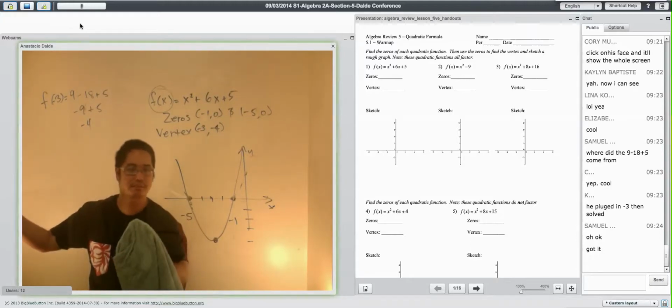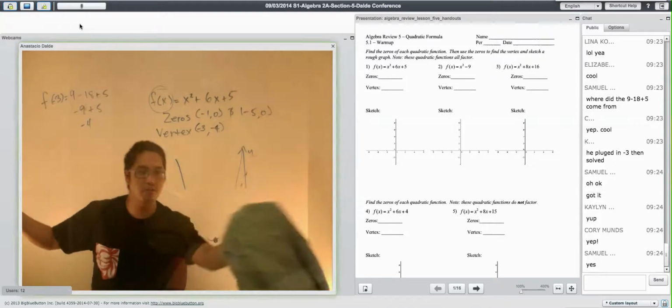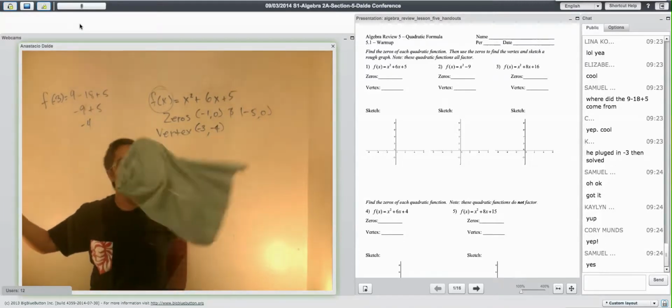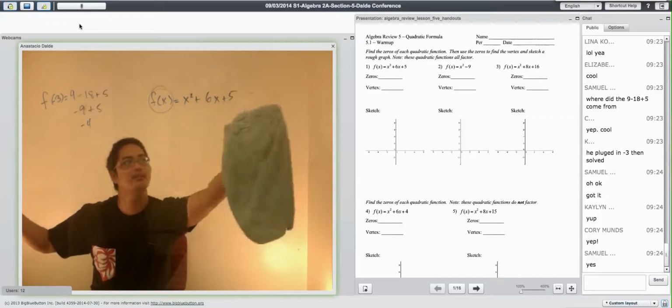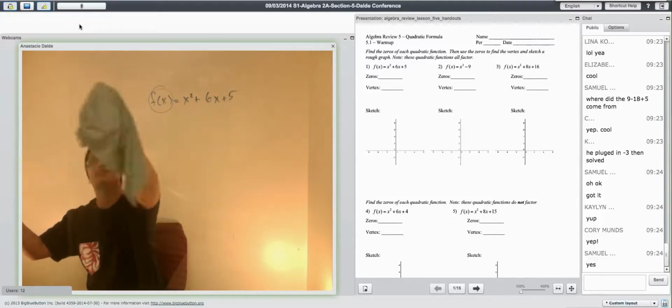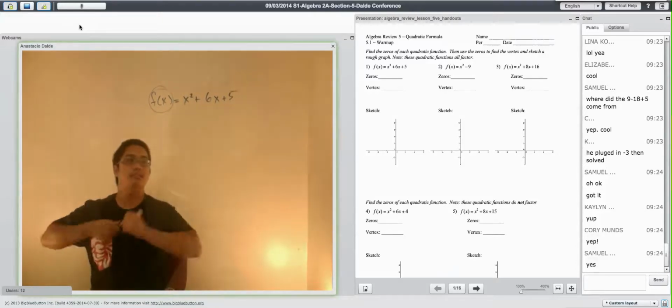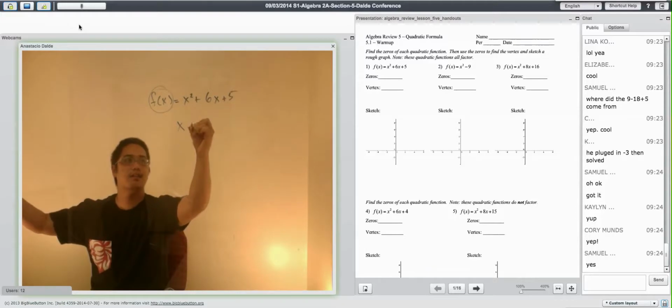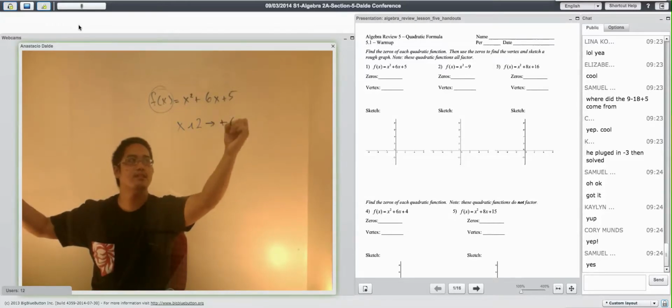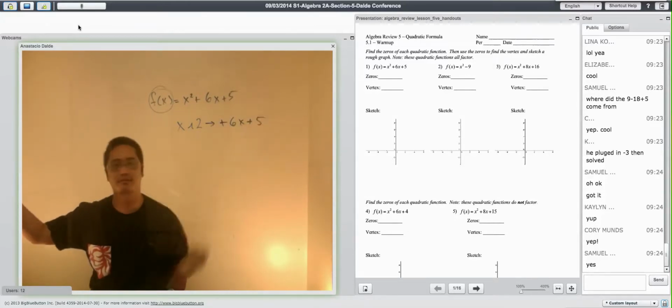All right. Now, if you go over to Desmos Graphing Calculator, which is an app that's loaded up onto your computer, and you type x caret 2, and then you press the right arrow, plus 6x plus 5.